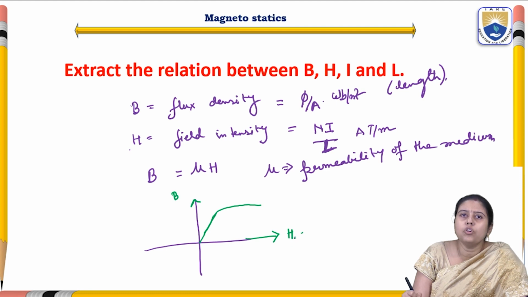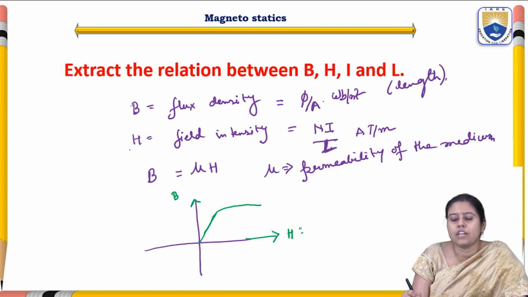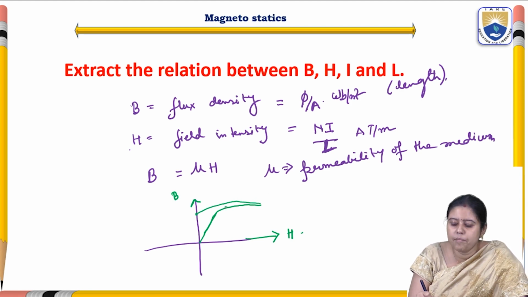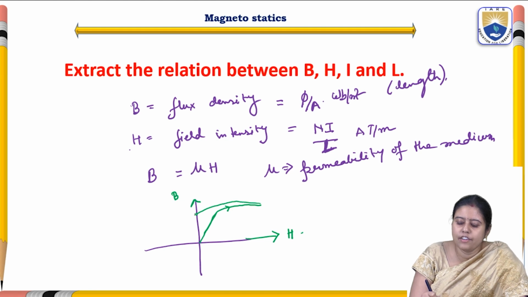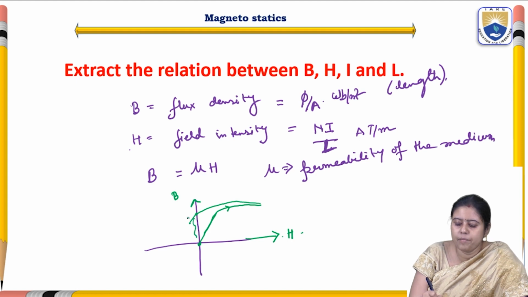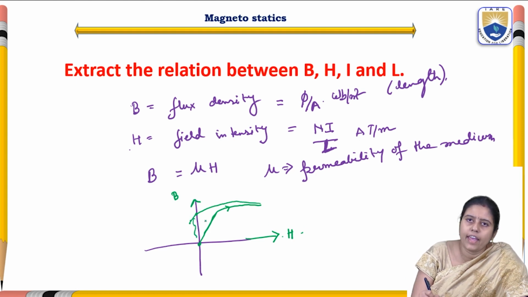Now, if we start to decrease H, what will happen? It will not follow the same path. It will come back in a different path, and when H is equal to 0, B has a certain value. Again, we decrease H more.